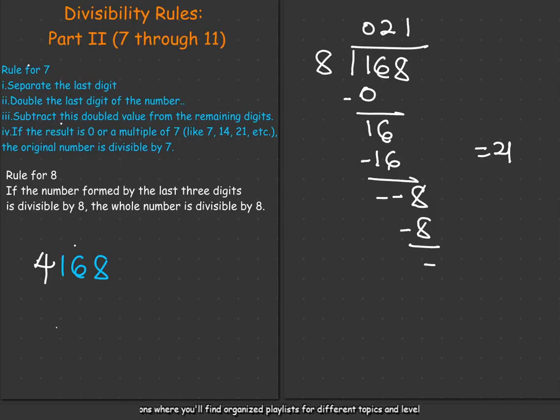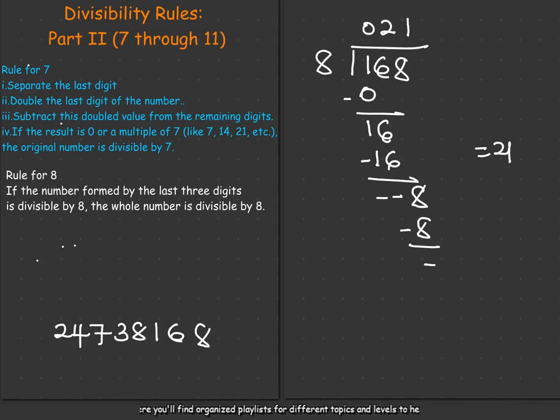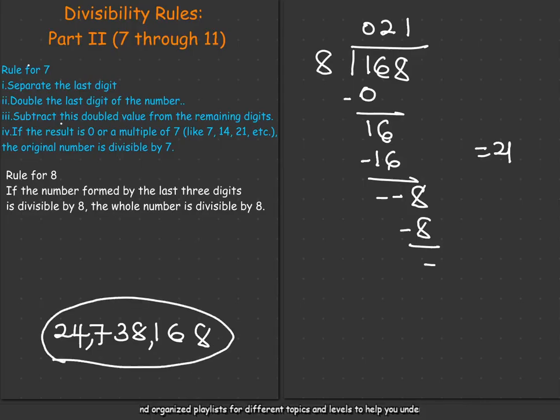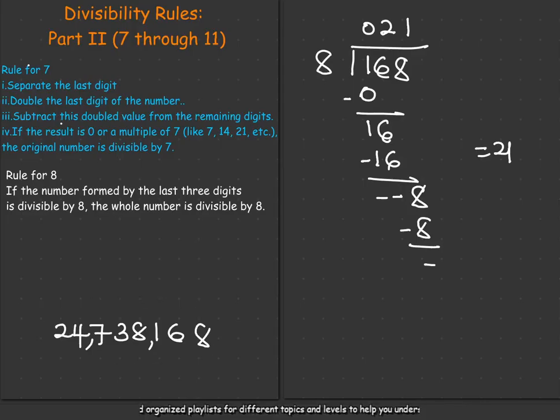So you can take, let me say, 24,738,168. You see, this rule is actually useful for huge numbers, right? If we actually had this number here, 24,738,168, all we need to do is to test for the last three digits. And if it is true, we can say this number here is divisible by 8. We are good to go.